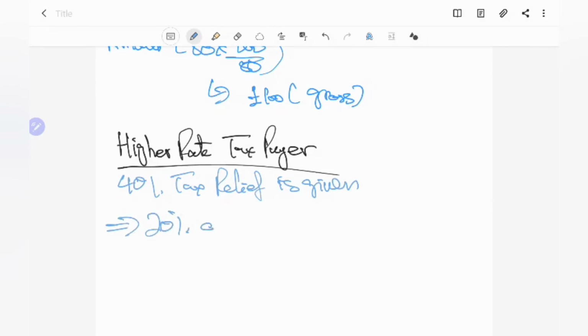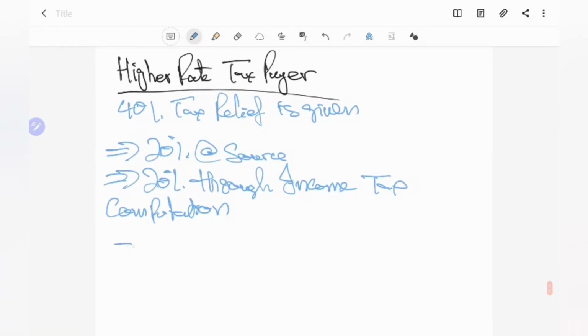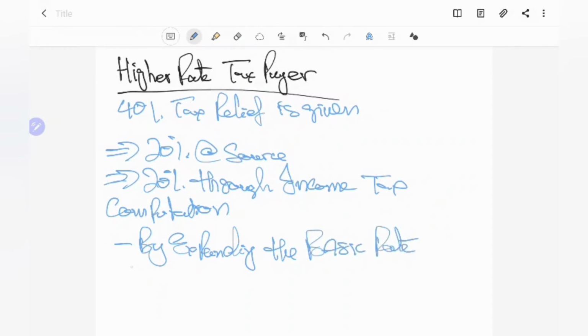Firstly, it is 20% at source, as I told you just a minute before, and 20% through income tax computation, by extending the basic rate band by the gross donation, so that more income is taxed at 20% and less at 40%, right?